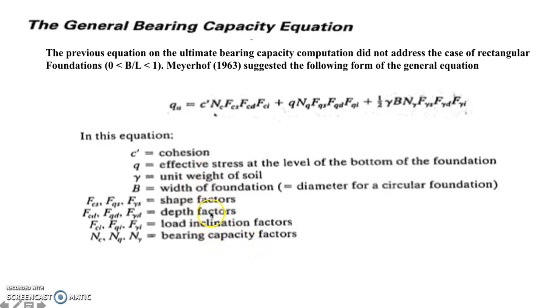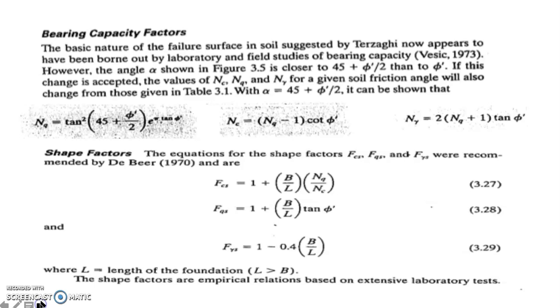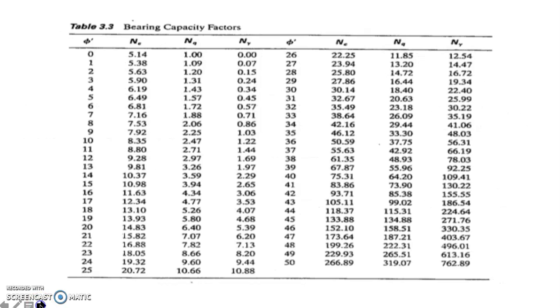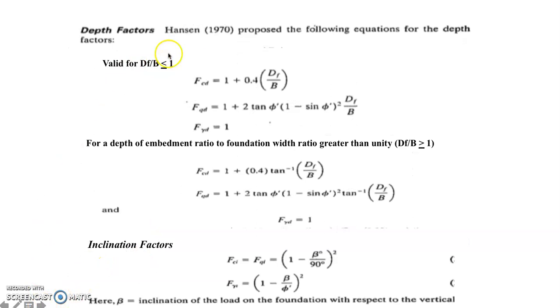For the shape factors, depth factor, and load inclination factors, you have these equations. For the shape factors, you simply substitute the given values for each variable. For the depth factors, you have this equation.